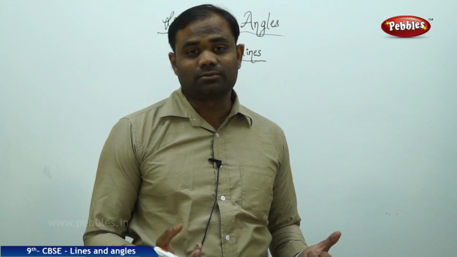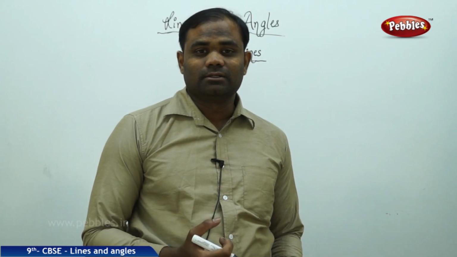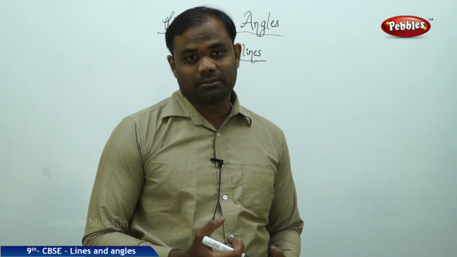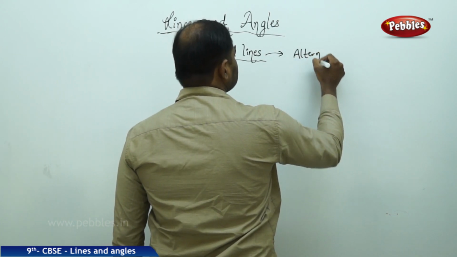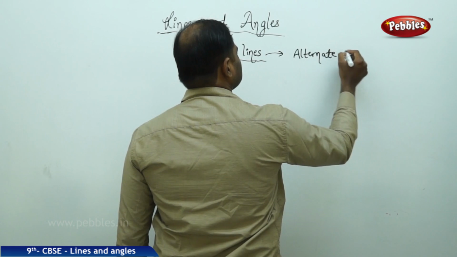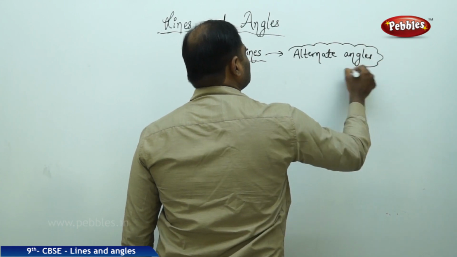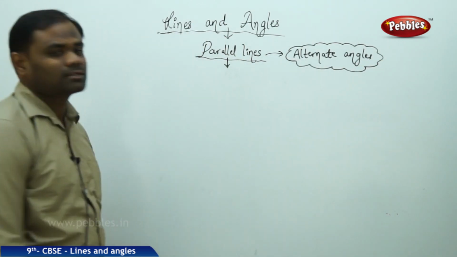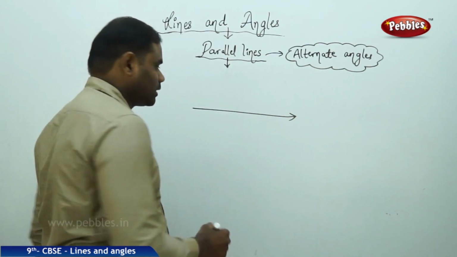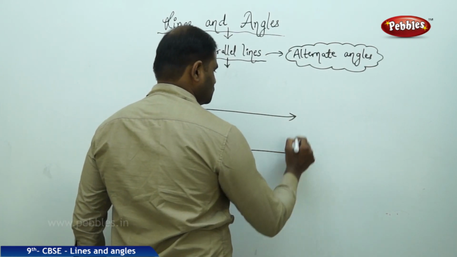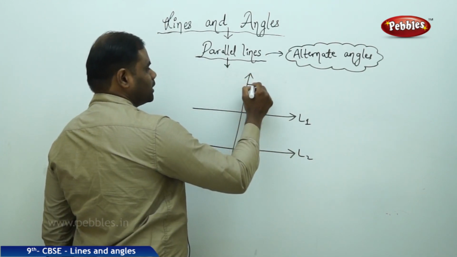Now that we have discussed corresponding angles and all the corresponding pairs being equal in parallel lines L1 and L2, next comes the property of alternate angles. So let's see what are alternate angles in the parallel lines. Imagine I have two parallel lines L1 and L2 divided by a transversal.